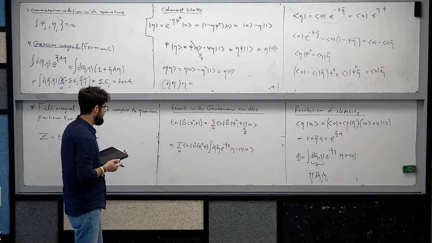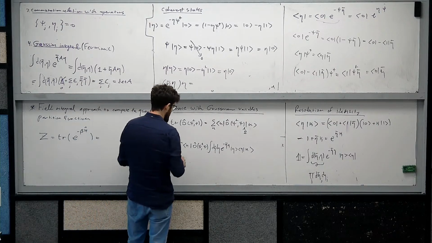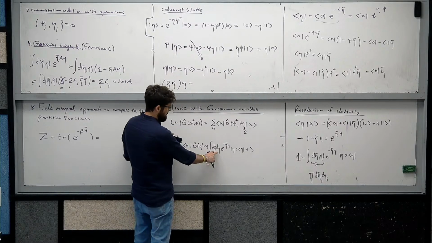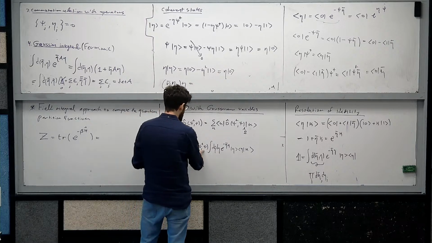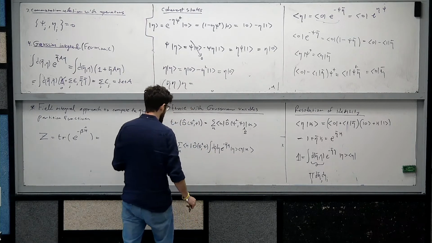Okay. Now, because we have 2 of everything, we can actually interchange between O and this eta.